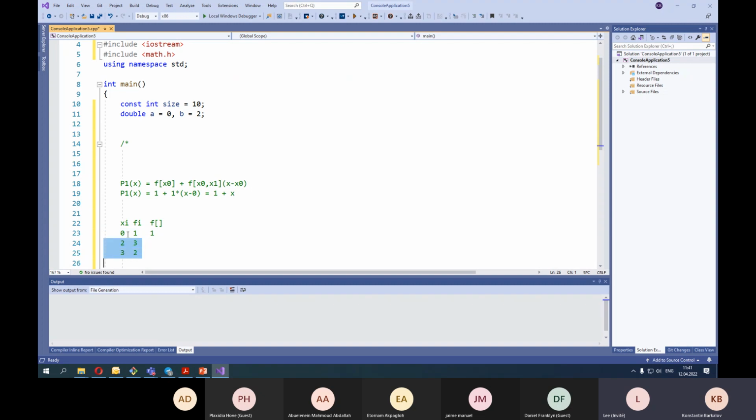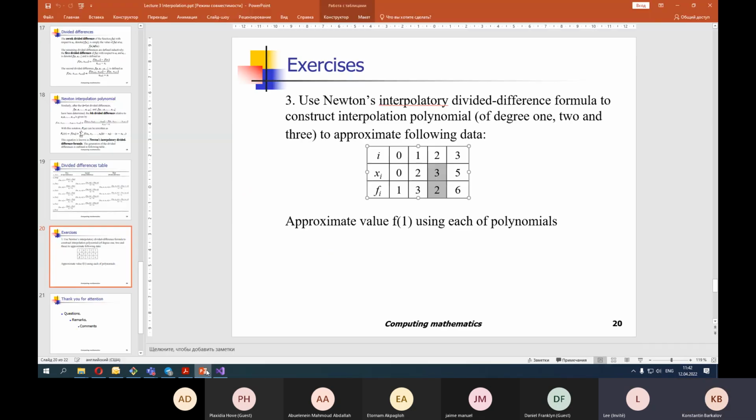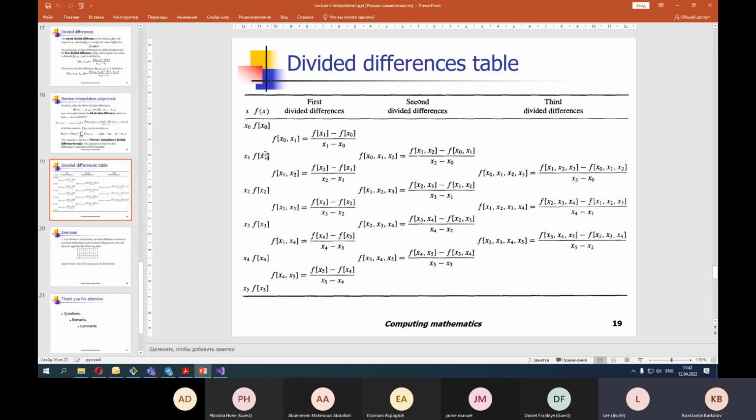Now, I ask you to do the same using these 2 points and find the divided difference at a point 1. Please use these 2 points, 2, 3, 3, 2, and find the divided difference. Well, this corresponds to the points x1, x2, f of x1, f of x2, and the divided difference f of x1, x2. Please find it.